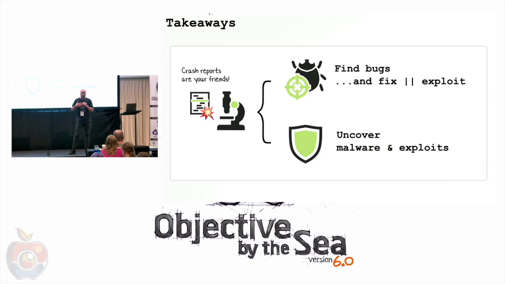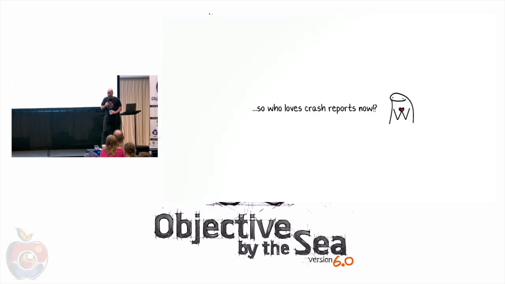We showed, for example, some of these crash reports led to uninitialized pointers, use after frees, or in some cases, an exploitable kernel heap overflow. Also, if you have a security product, crash reports may be a good detection mechanism. I mentioned malware often crashes or occasionally crashes, and so this is a good way to find it, especially perhaps on iOS, as Matthias mentioned. So that is a crash report.